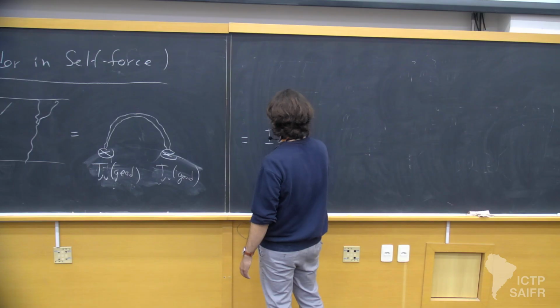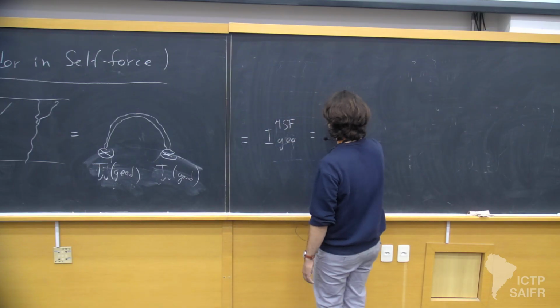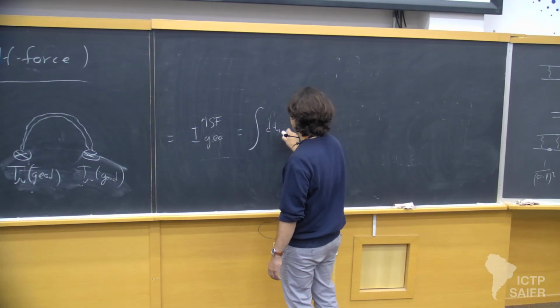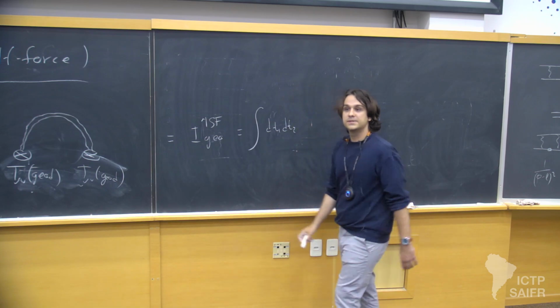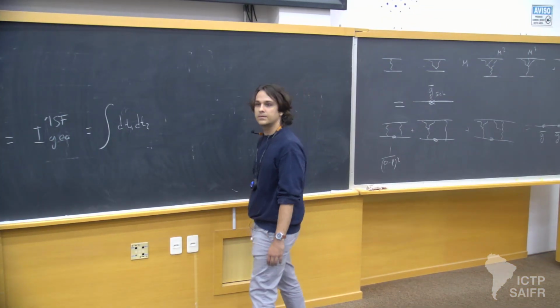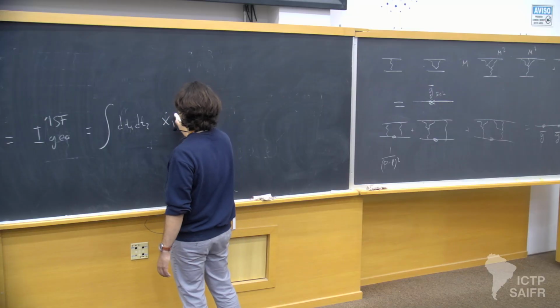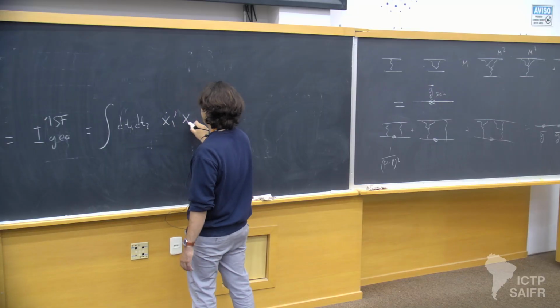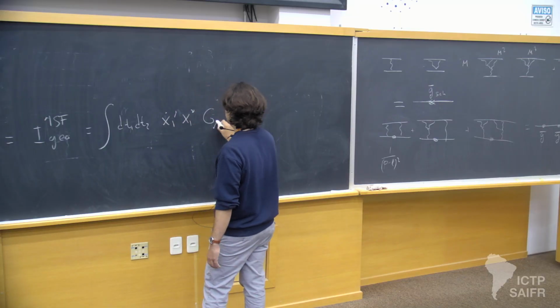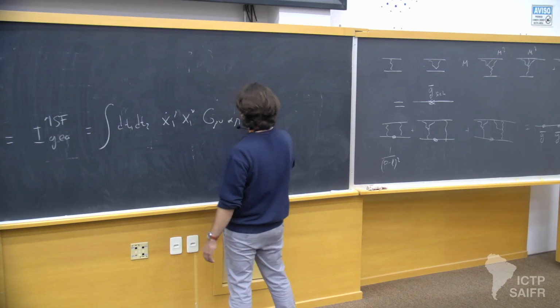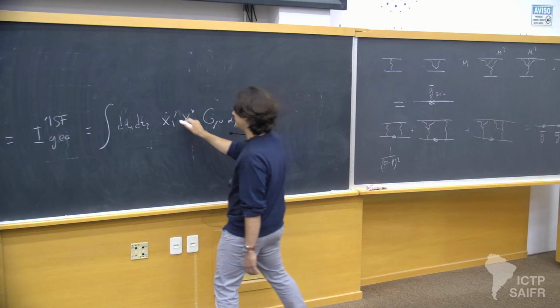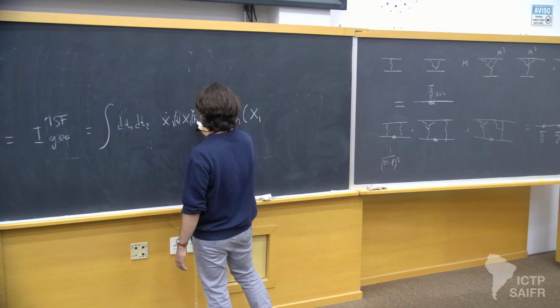at 1 SF, it will look something like this. So I have T1, T2, which are just parameters over the geodesic, right? And I will have something like x1 mu, x1 nu, g mu nu alpha beta. This depends also on x1, so this depends on T1, T2.